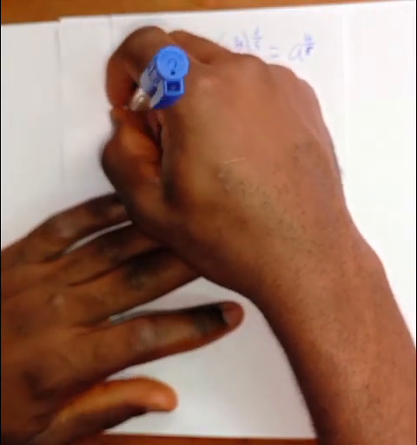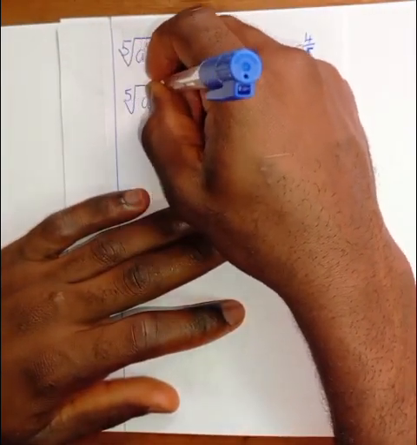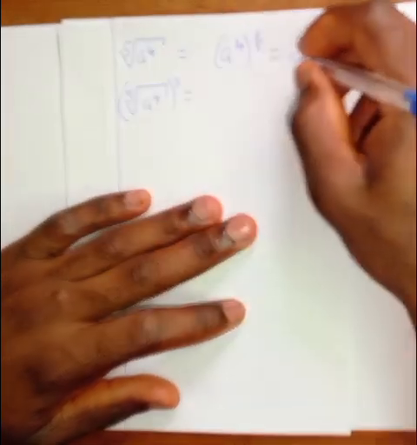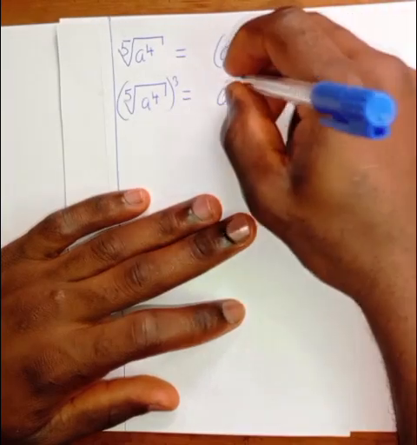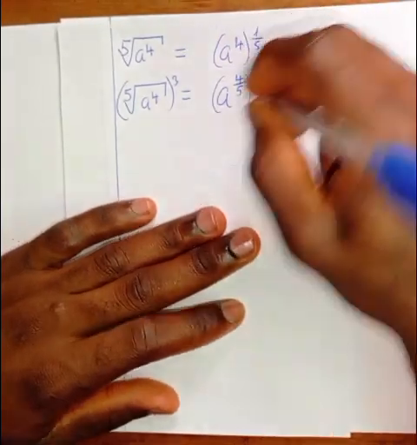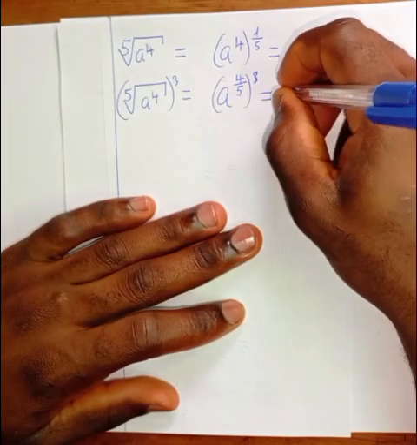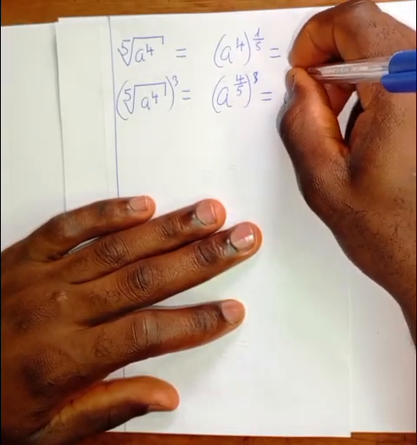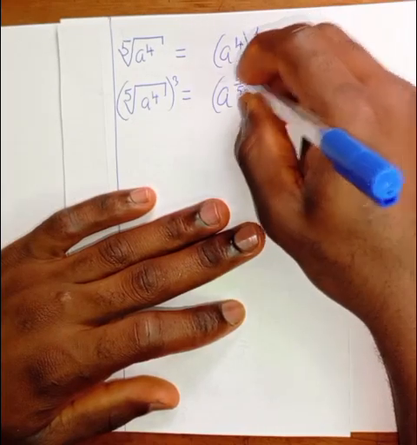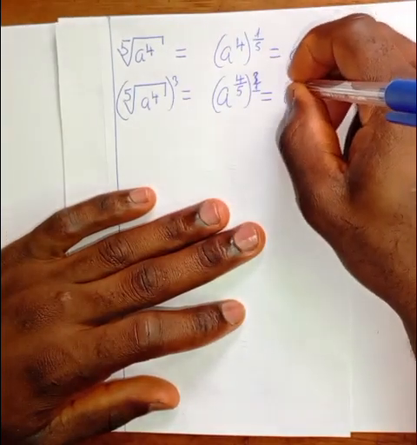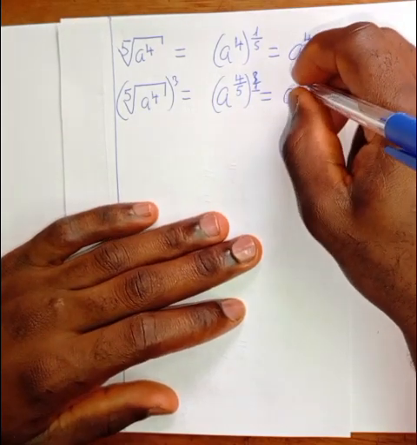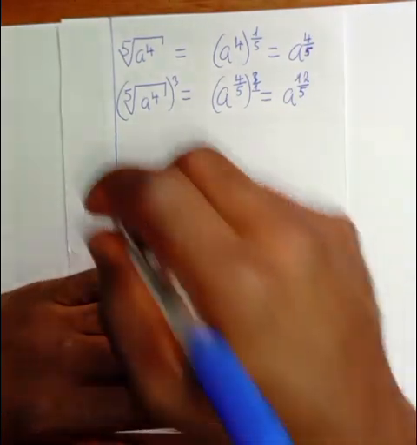If you take the fifth root of a raised to the power 4 and raise all this to the power 3, it will simply be equal to a raised to the power 4 over 5, all raised to the power 3. We are going to multiply. You can write 3 as 3 over 1. 4 times 3 gives us 12 over 5 times 1 gives 5. This will give us a raised to the power 12 over 5.